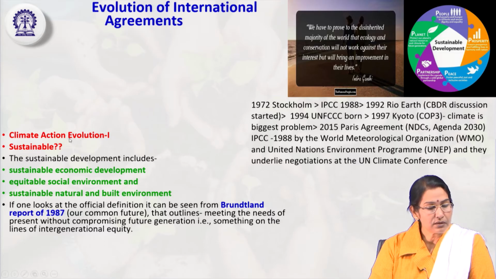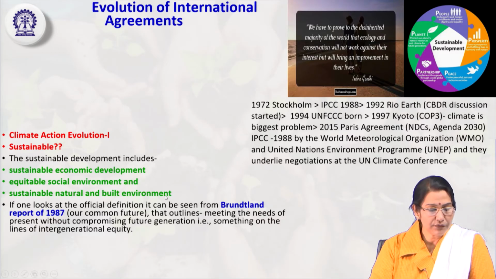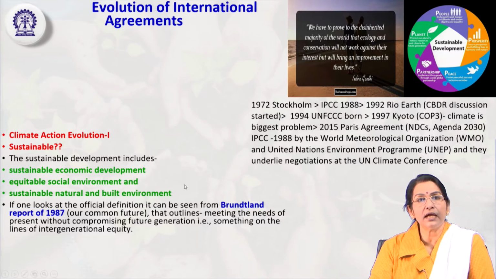So, let us see. Climate action evolution 1 is sustainability. Sustainable development definitely includes sustainable economic development, social development, and a sustainable natural built environment, that is eco-friendly. The Brundtland Commission report in 1987 stated that meeting the needs of the present without compromising the future generation is the sustainability framework, which is intergenerational and works on intergenerational equity, conservation and sustainable use.